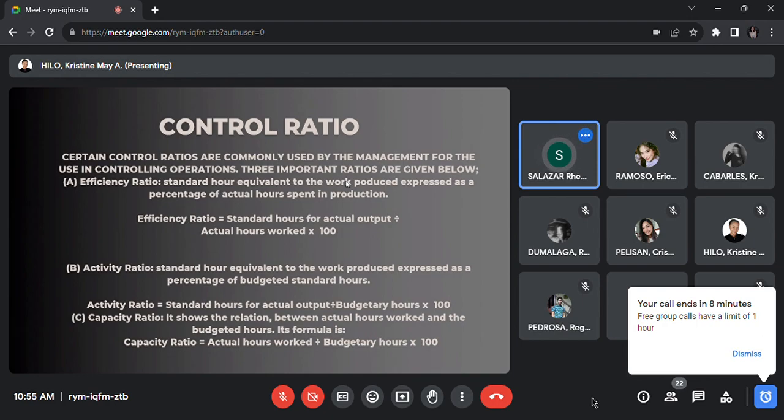Efficiency ratio: standard hours equivalent to work produced expressed as percentage of actual hours spent in production. So ang formula ng efficiency ratio is equal to standard hours for actual output divided by actual hours worked times 100.